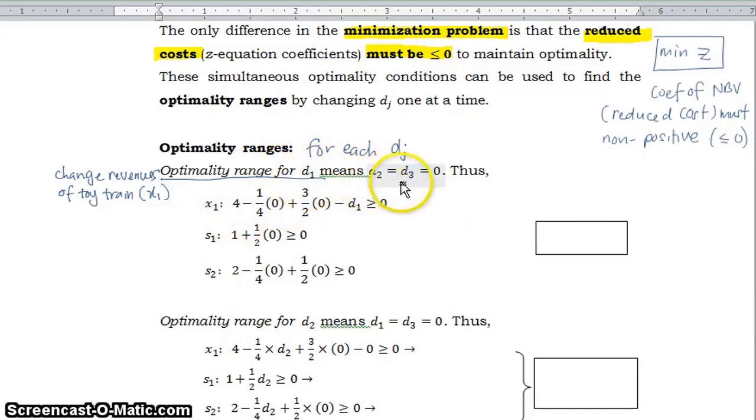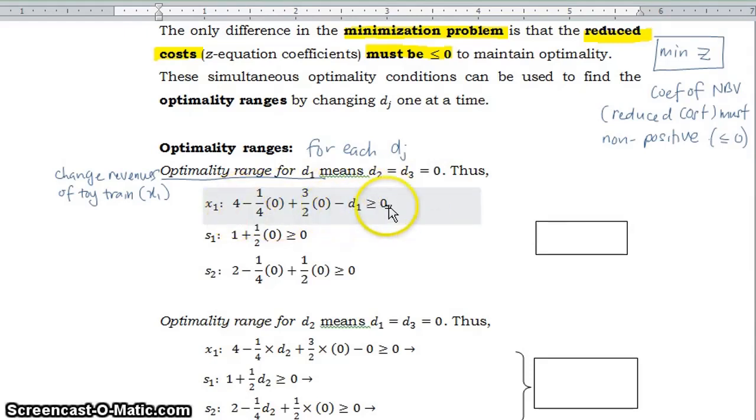We want to find the range for D1, which means D2 and D3 are 0. Thus, we substitute D2 and D3 equal to 0 and keep D1 in the optimality condition. The reduced cost for X1 is 4 minus 1 over 4 D2, where D2 is 0, plus 3 over 2 D3, also 0, minus D1.